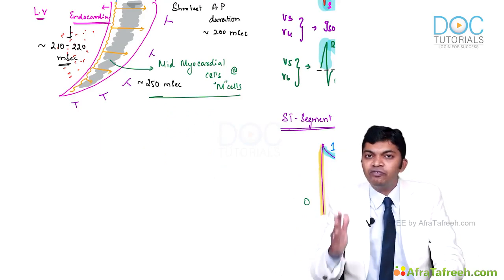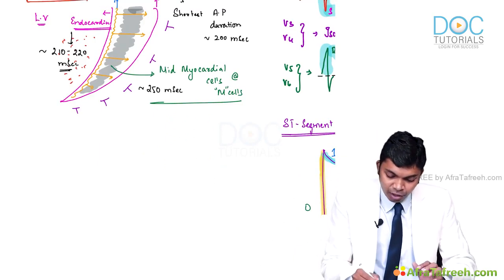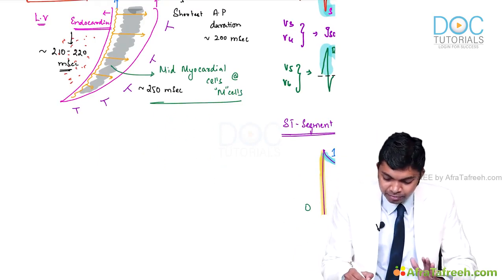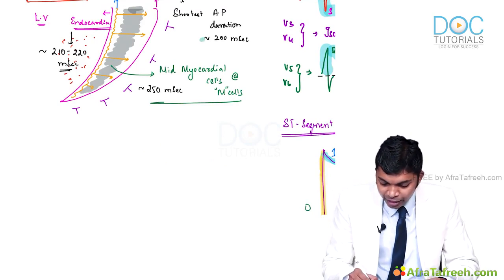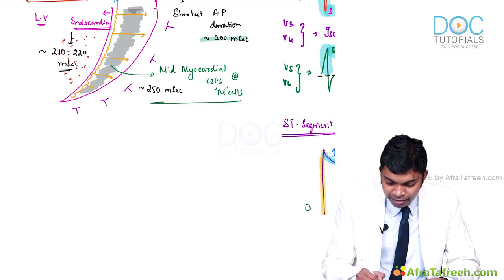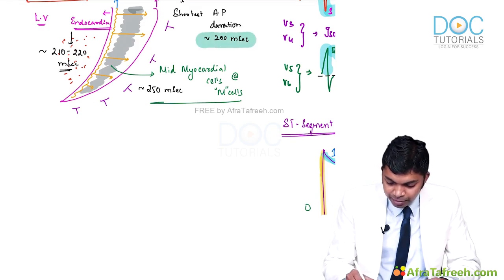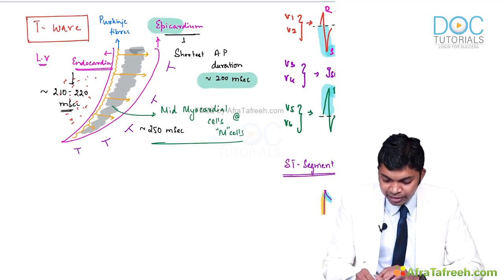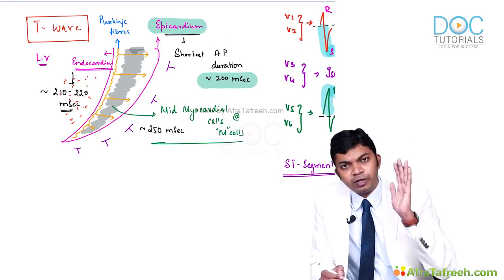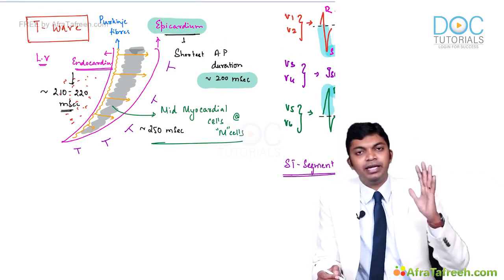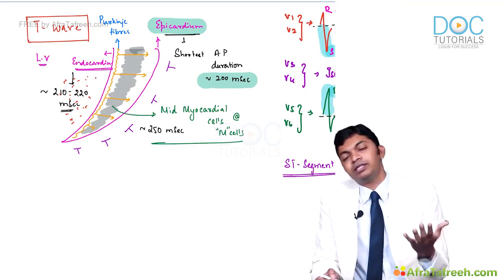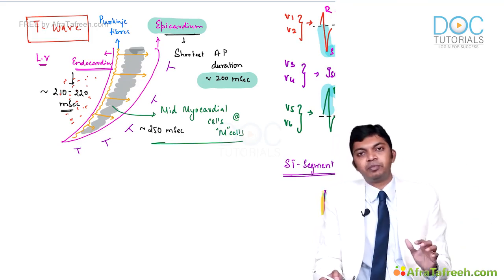By the end of 200 milliseconds, here comes the significant difference. The first cell to become absolutely neutral is the epicardial cell. There is no current in it, right? It's perfectly neutral, isn't it? It reaches its resting membrane potential.